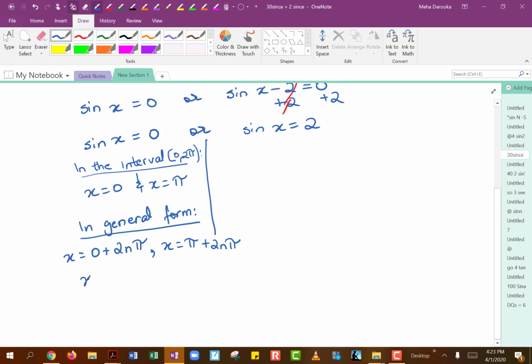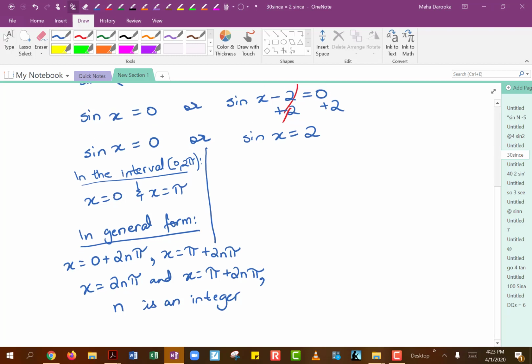So you can actually go ahead and clean this up. 0 plus 2n pi would be 2n pi, and we would have x equals pi plus 2n pi, where again n is an integer, right? And then let's see what's happening on the other side.